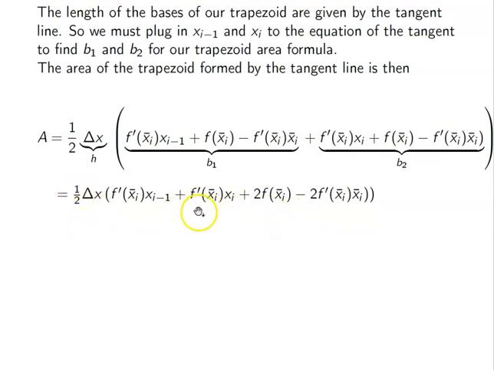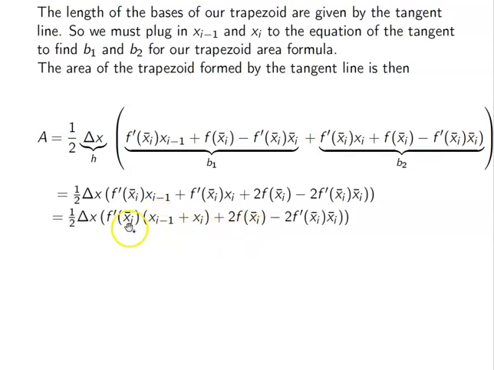So now what I want to do is try to finish combining things. I like to factor. So possibly we factor some things out, or let's see, what do we do here? So I factor out the f prime of x bar and the x_i minus 1.